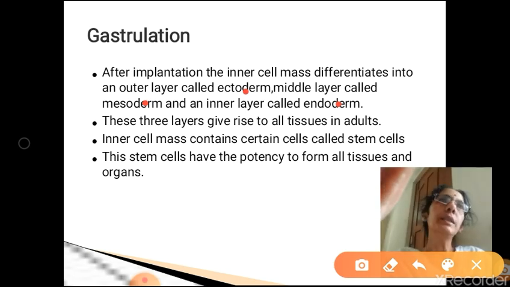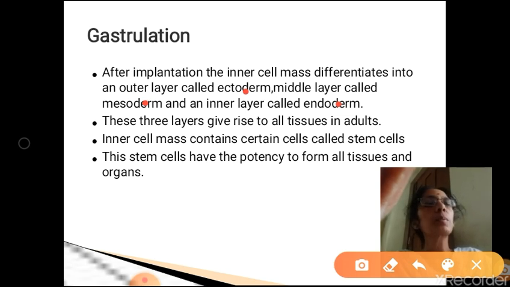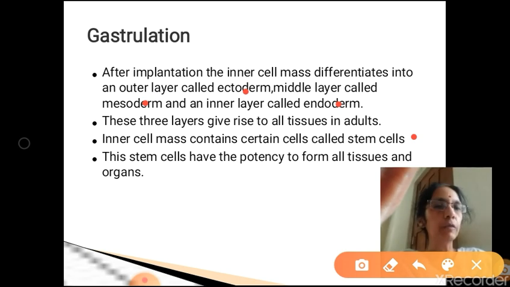Now all the tissues are formed from these 3 layers only. The inner cell mass contains a special type of cell that is called the stem cells. Only stem cells have the potential to form all the tissues and organs. So after the process of implantation is over, the inner cell mass will form 3 layers.